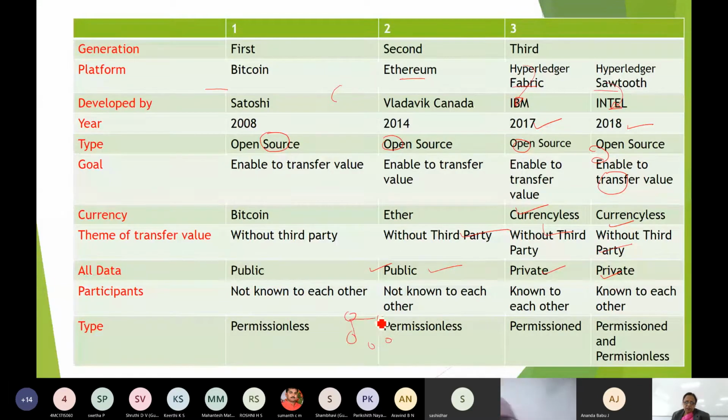We should keep this in mind. Even in Hyperledger Sawtooth, they are known to each other. This one is permissionless, this is also permissionless, but this is a permissioned network, and sometimes this acts as both a permissioned and permissionless network.